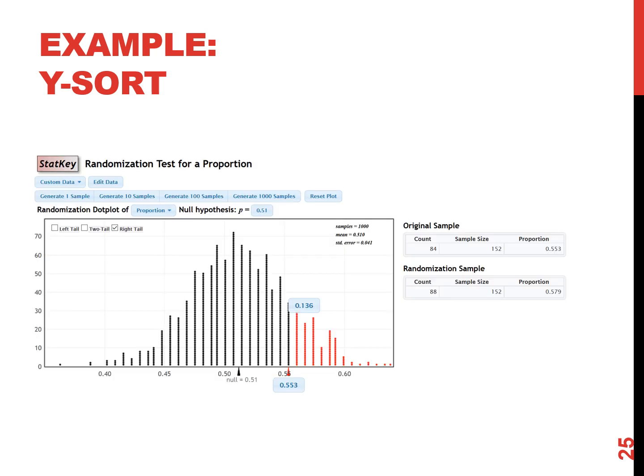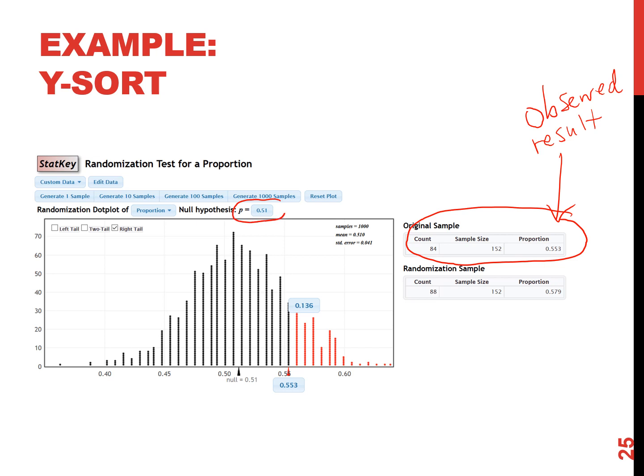Looking at the output from StatKey, we can see a couple of things. First of all, we can see that the original sample proportion here was 0.553. That's our observed result. We can also see that we needed to generate a randomization distribution centered around the null hypothesis, that the proportion having boys with Y-sort would be 0.51.